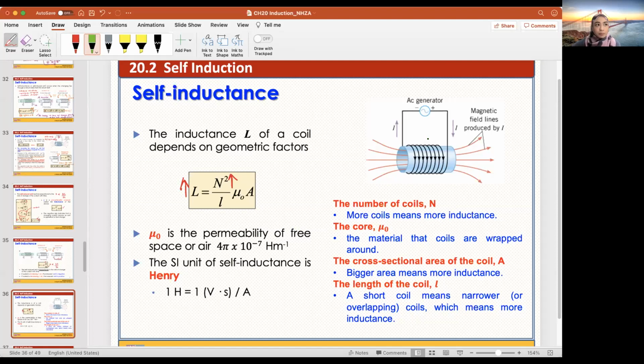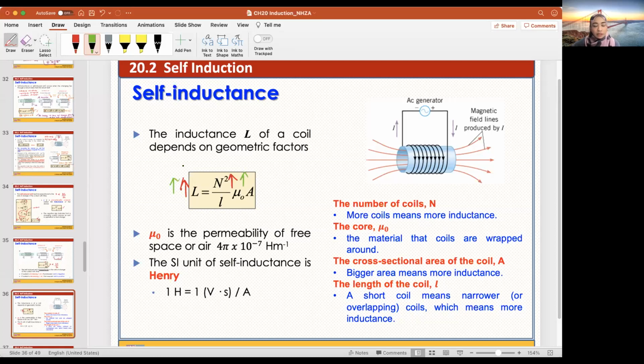But sometimes you can put conductors such as copper or iron, and it will increase your inductance. So value untuk mu naught ni akan berubah lah. But for our syllabus kita akan stick with mu naught, which is free space or air. So if you change it to a conductor, this will increase as well.